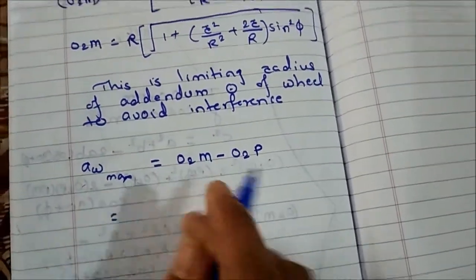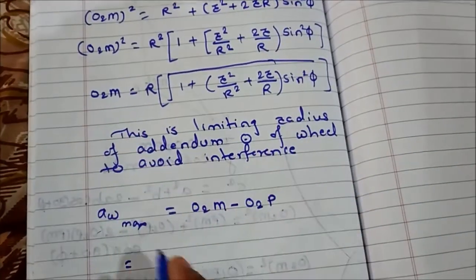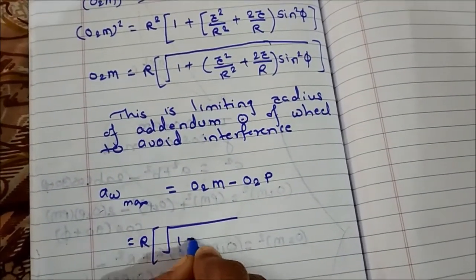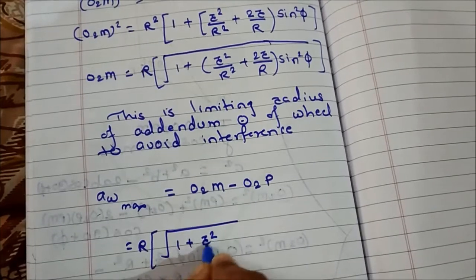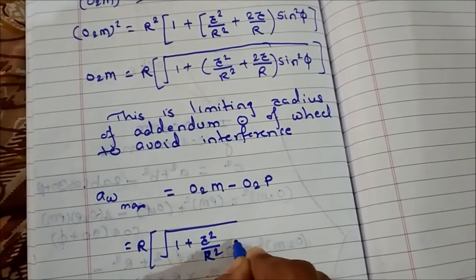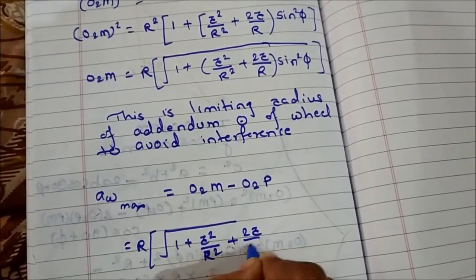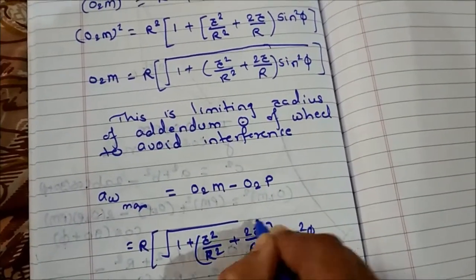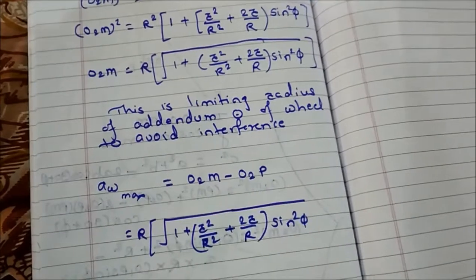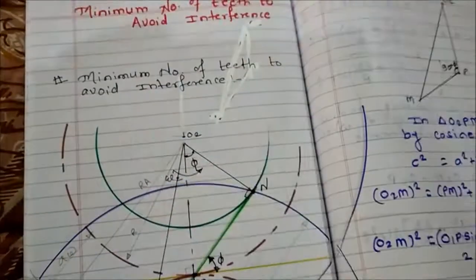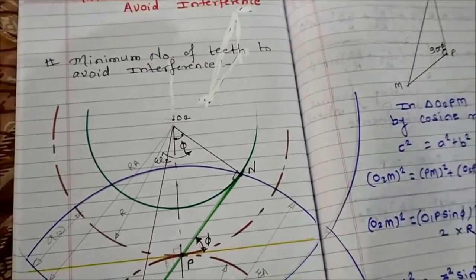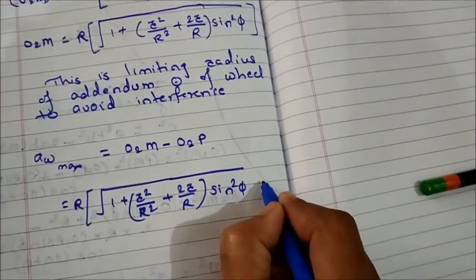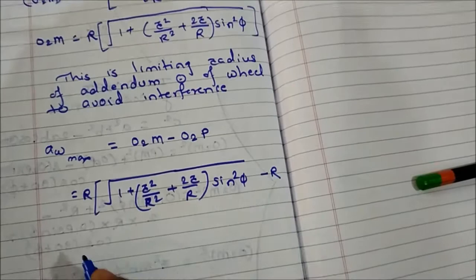We know O2M is R into bracket, under root of 1 plus r square upon capital R square plus 2r upon capital R into sine square phi. O2P is the pitch circle radius of gear 2, so it is R. So let's put minus R outside the root.